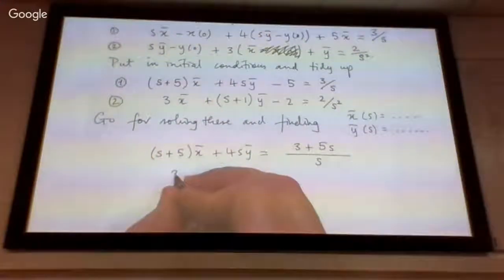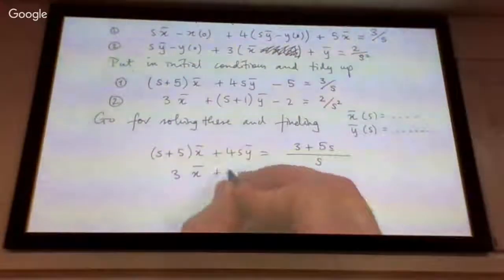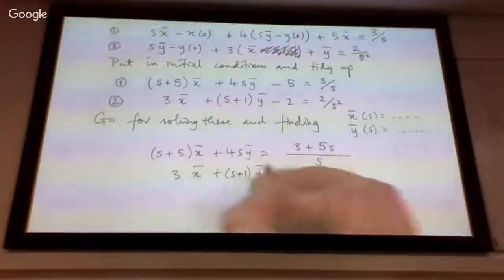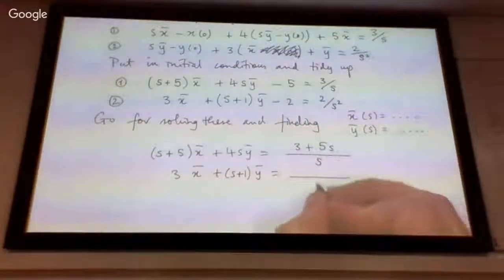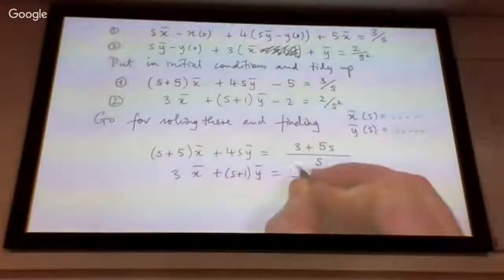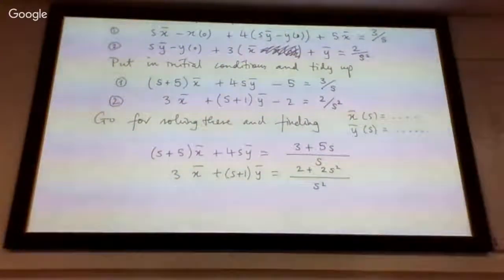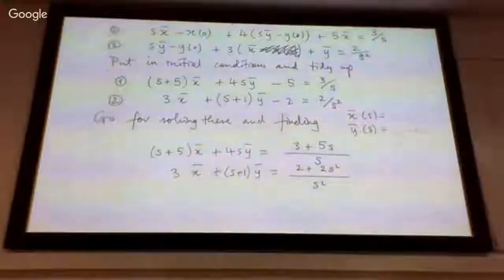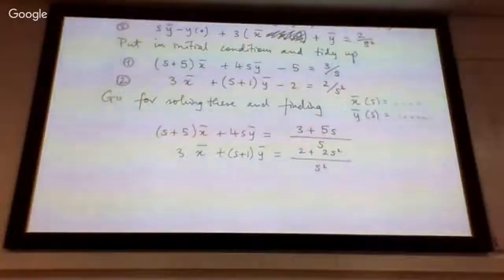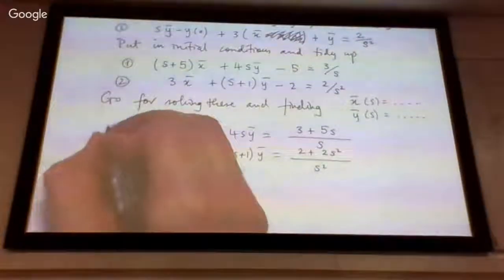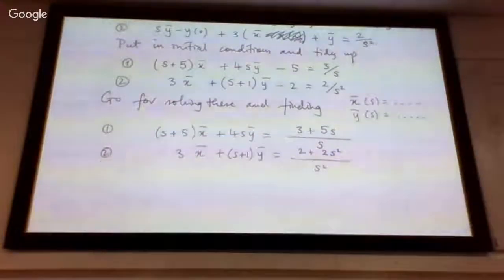And down here we've got 3x bar plus s plus 1 y bar. Put the 2 over the other side, and it's going to become 2 over s squared. Really, let's keep labeling these as 1 and 2. They really still are first and second transformed equations.